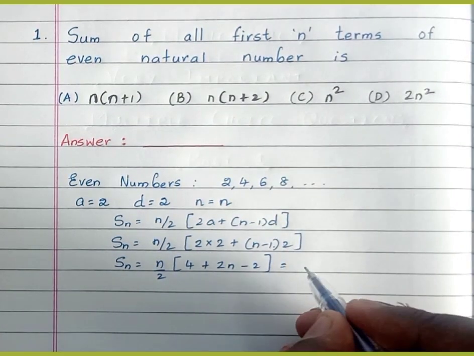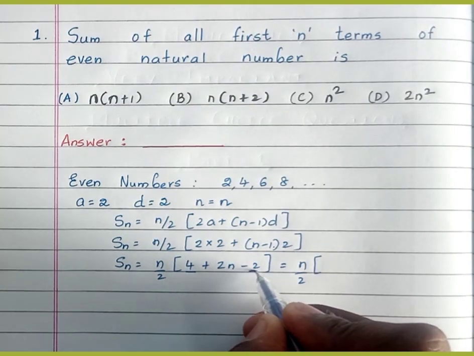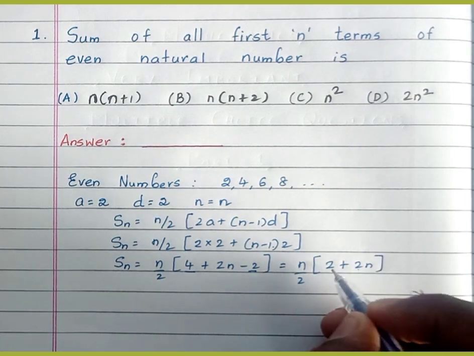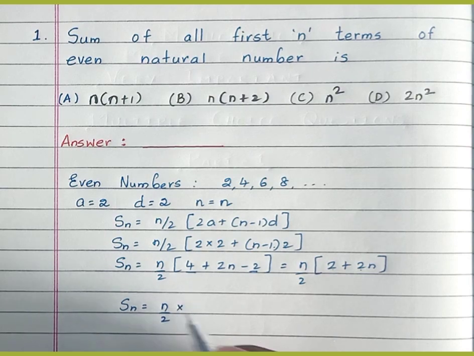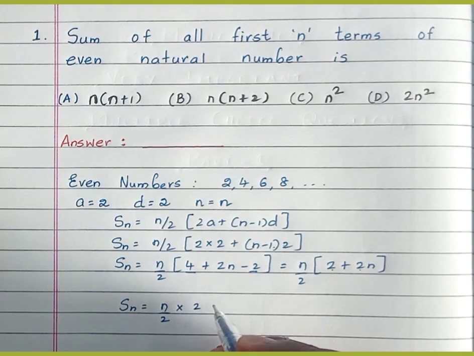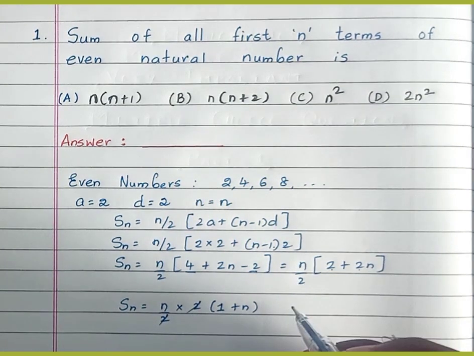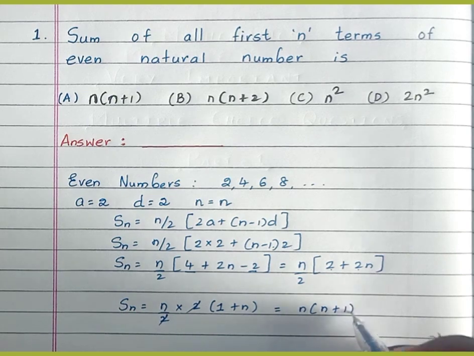Now, the next step, n divided by 2 into 4 minus 2 is 2 plus the remaining term 2n. Now, we have 2 as a common factor. Sn equals n divided by 2 into 2 as a common factor, the remaining terms are 1 plus n. Now 2 and 2 will cancel out. What we got is n into 1 plus n, or n plus 1.